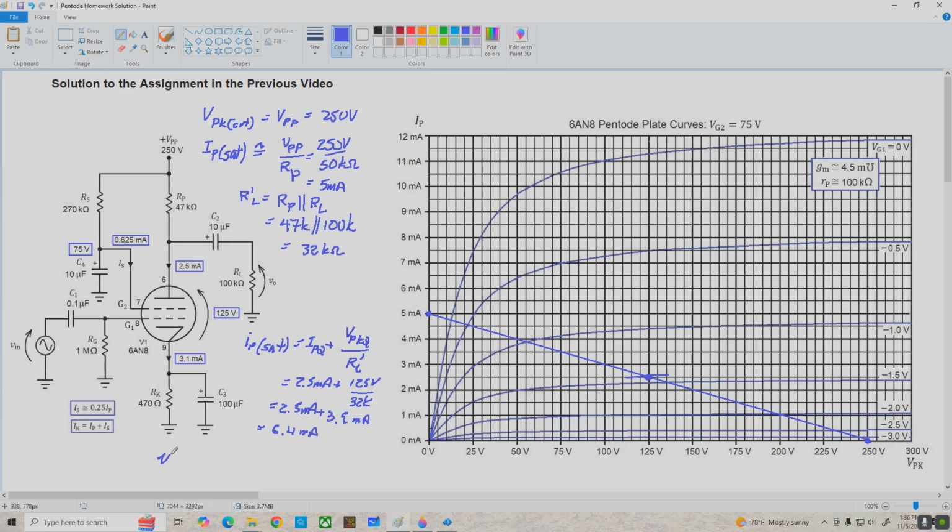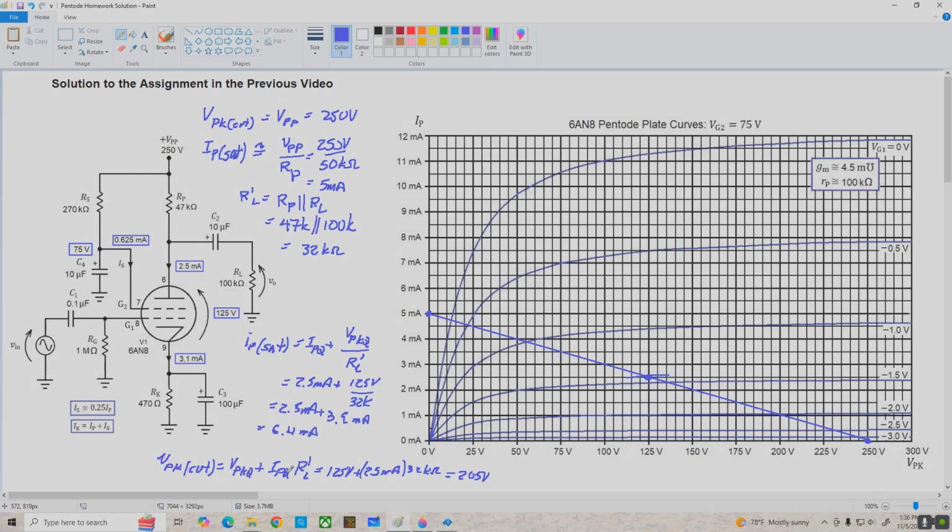Then VPK in cutoff is going to be VPKQ plus IPQ times R prime L. So we've got 125 volts plus 2.5 mils times 32 K ohms, and this all works out to be about 205 volts.